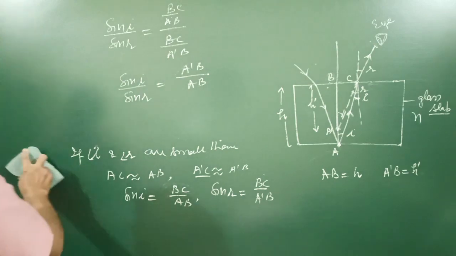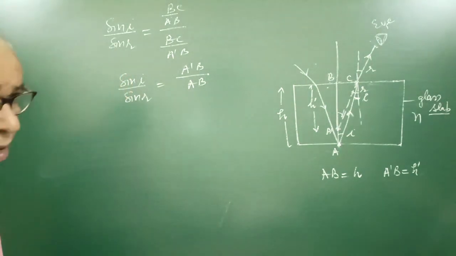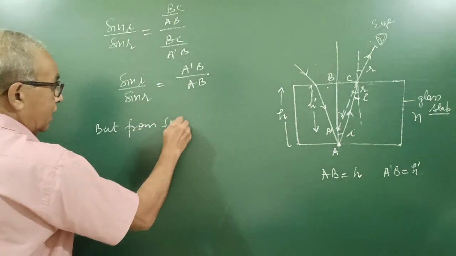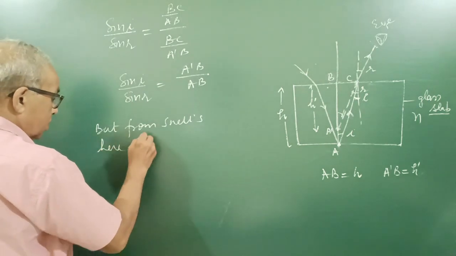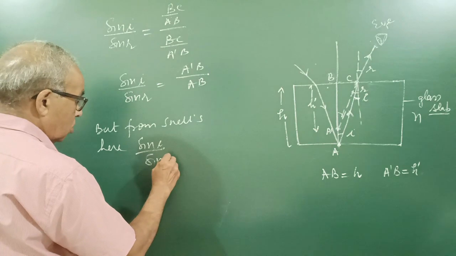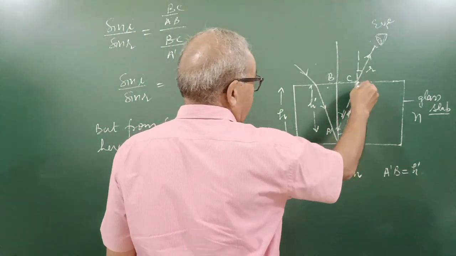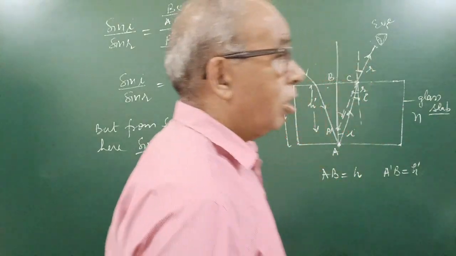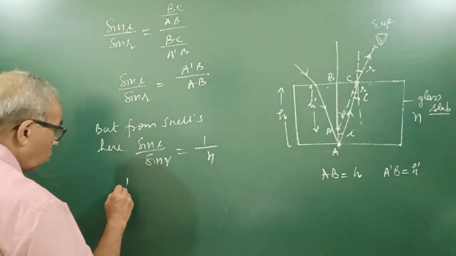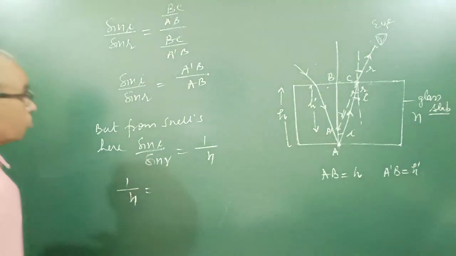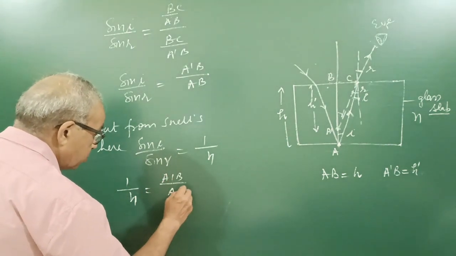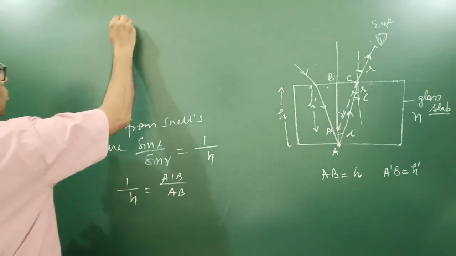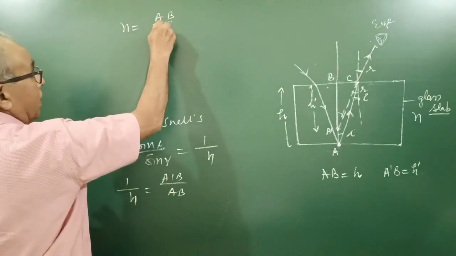But from Snell's law, for this point, sin I upon sin R is equal to 1 upon n, the light going from glass to air, and therefore 1 upon n is equal to A dash B upon AB, or n is equal to AB upon A dash B.